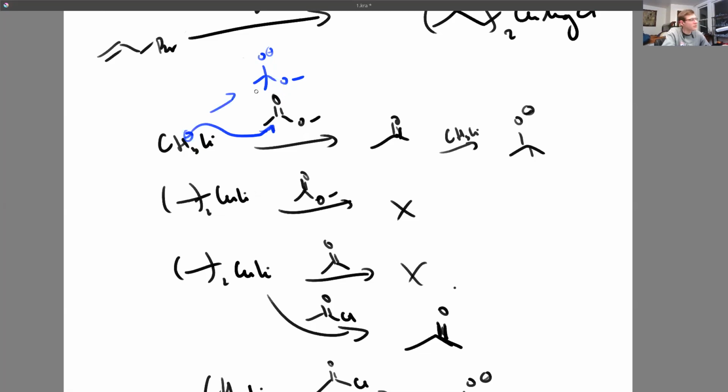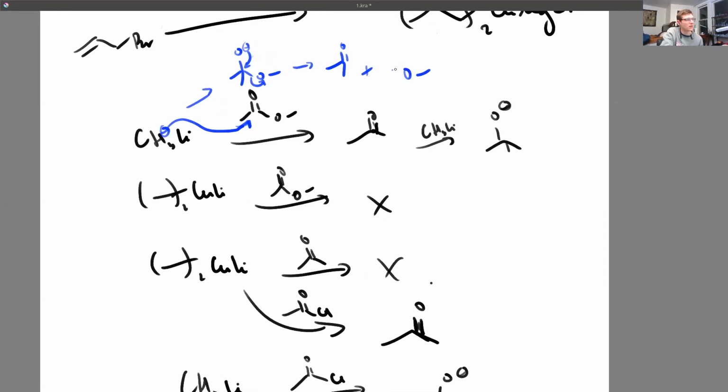And what happens is, well, if we push these electrons back down, right? And give that bond to that oxygen, well, we'll be left with this plus this O-.